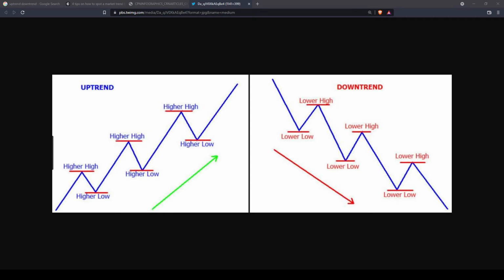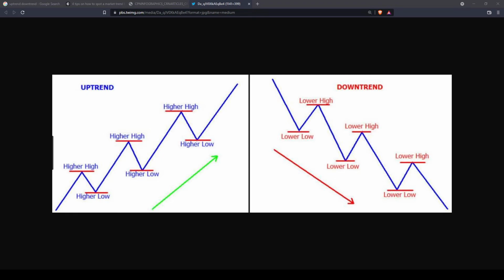Meaning that when it peaks once, the next peak will be lower than the previous one, and same for the lows. This is very good to see, because you could use it to decide if you want to sell, or if you're a daily trader, you can make your decisions that way.